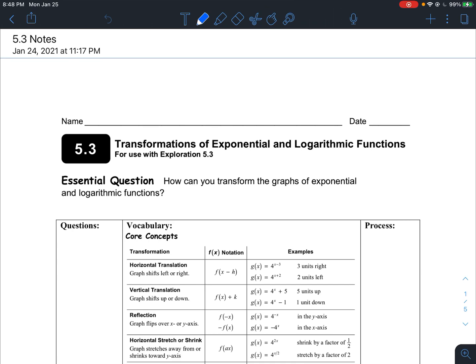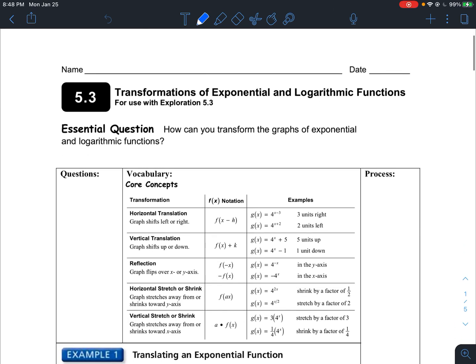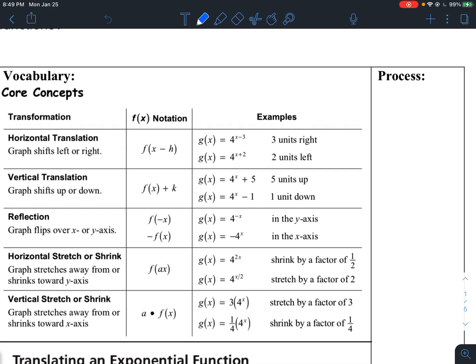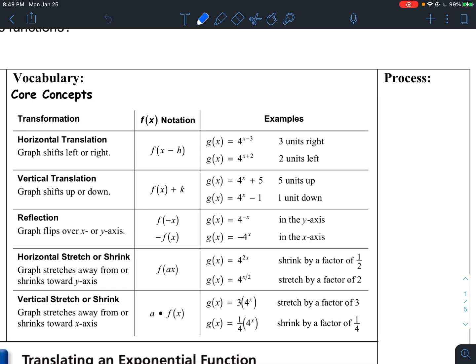So, transformations, I hope that you guys understand and recognize that transformations don't change from function to function. The functions change, but the transformations and how you apply them do not. So, for example, let's take the absolute value function, which was absolute value of, let's say, x minus 3.